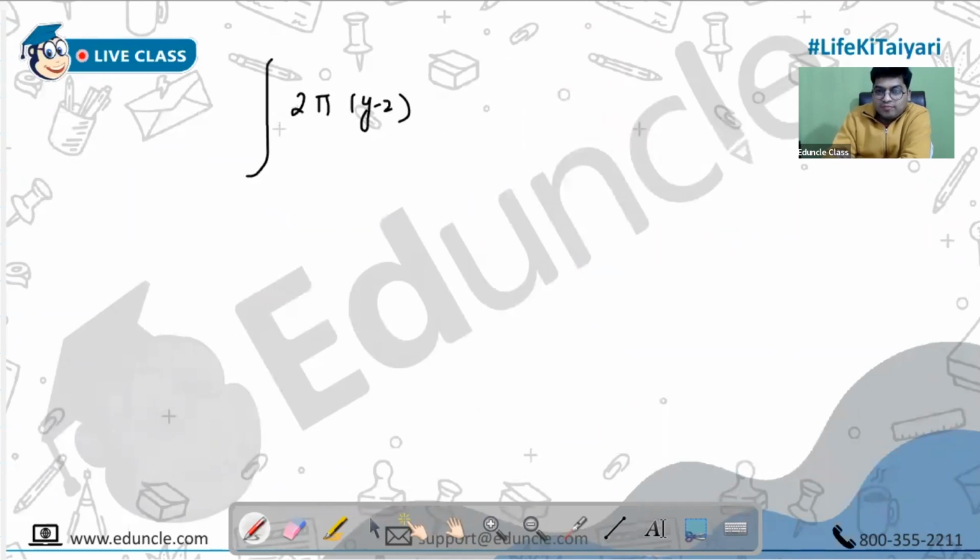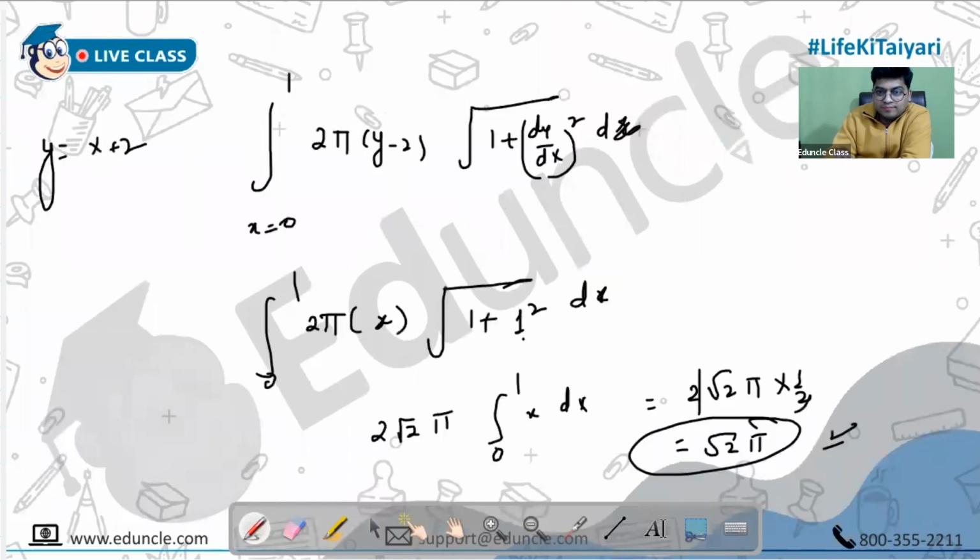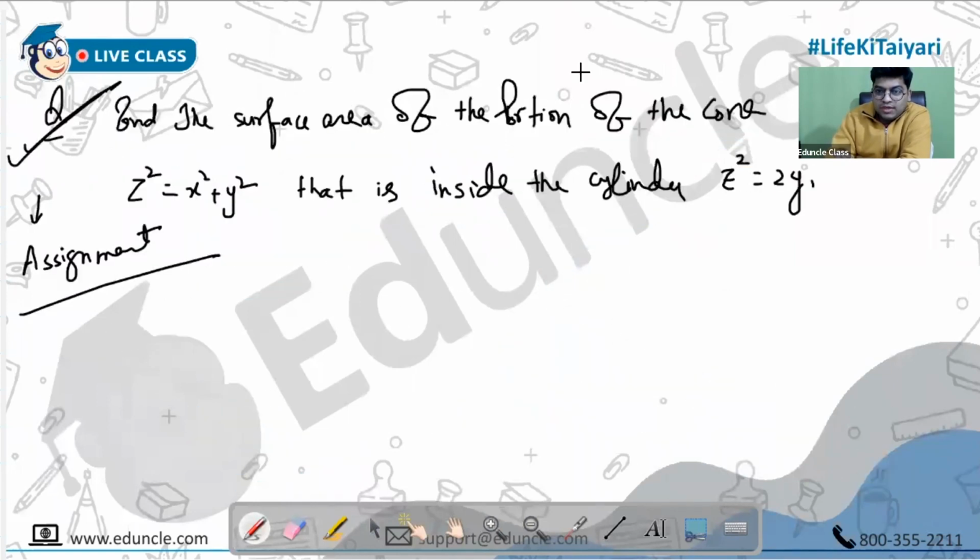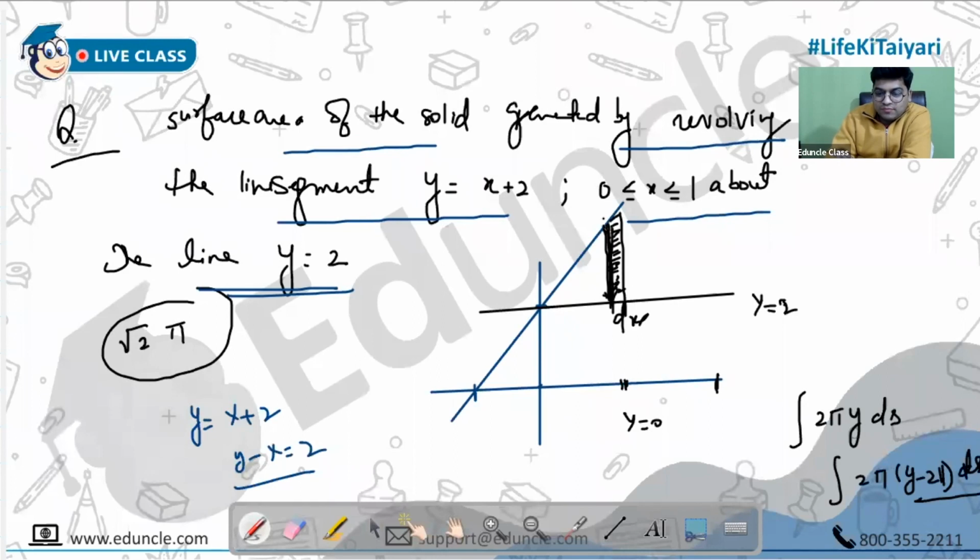See, about this line to this curve, we have to take the distance, that is the perpendicular distance. What is the perpendicular distance between these two lines?